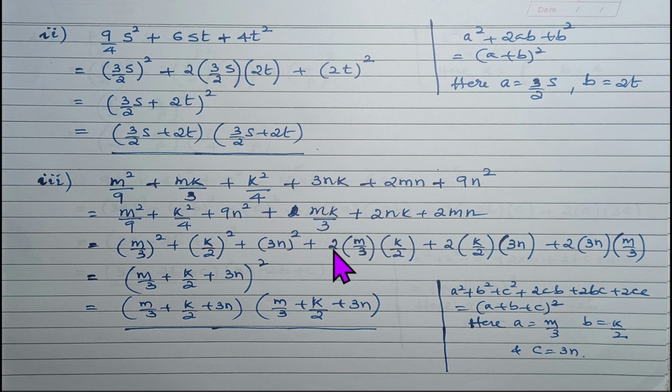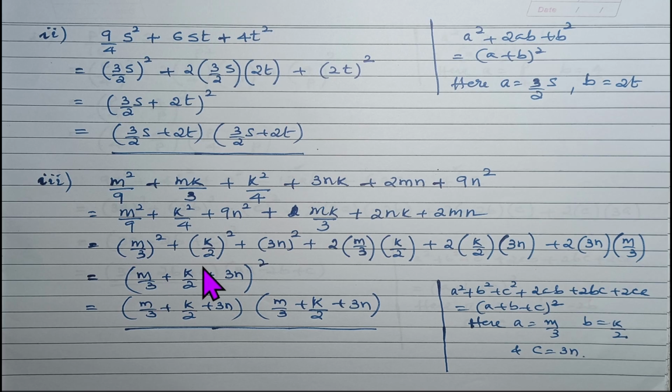So let us understand 2ab: m by 3, k by 2. 2bc: 2 k by 2 and 3n, and 2ca: 2 into 3n and m by 3. Now simplify this. 2 cancels here, mk by 3, correct it is, and here 2 cancels, it is 3nk, it is correct, and 3 cancels to mn. 100% it is an expansion of a square plus b square plus c square plus 2ab plus 2bc plus 2ca.